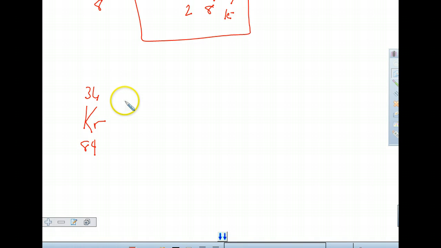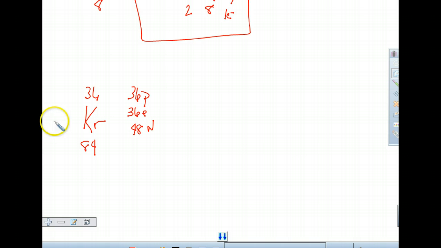Alright, so what does this tell me? How many protons? This has 36 protons. How many electrons? 36 electrons. How many neutrons? 48. Okay, we'll go with that.